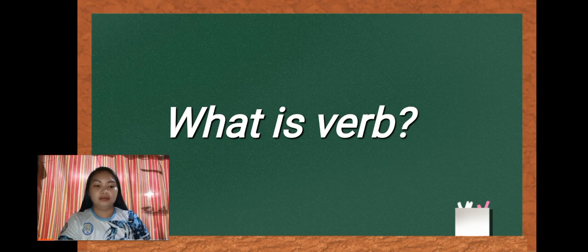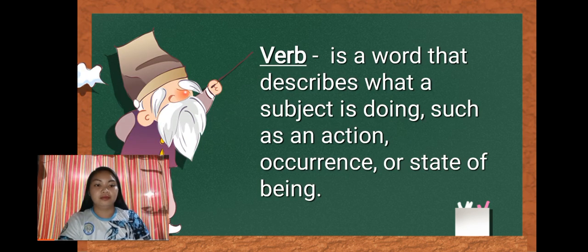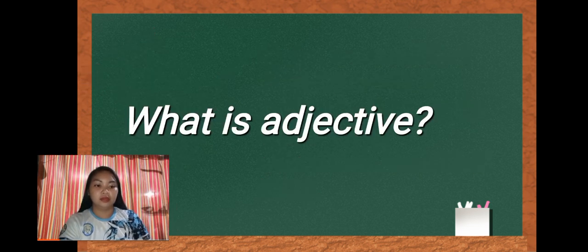And what is a verb? A verb is a word that describes what a subject is doing, such as an action, occurrence, or state of being. So a verb describes an action. And what is an adjective?